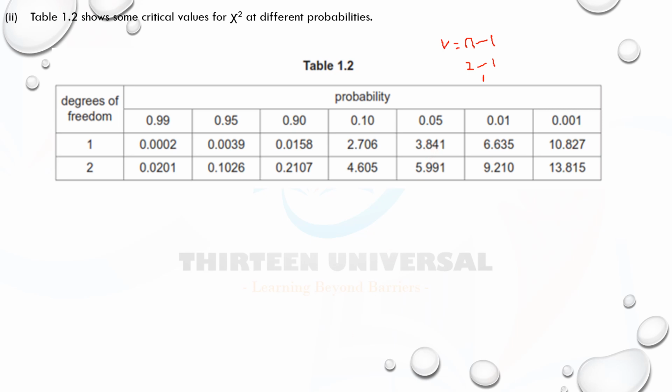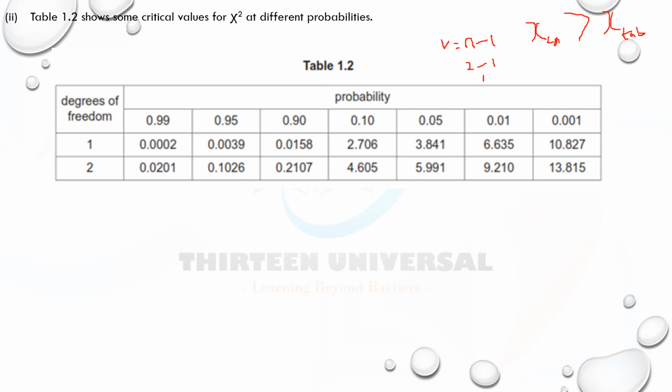And remember, to make a decision about significance, we always compare chi-square calculated with chi-square tabulated. If the chi-square calculated value is greater than the chi-square tabulated value, then reject the null hypothesis. That means the difference between the effectiveness of Manuka and Germania is significant.